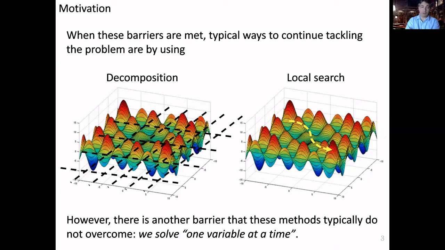And when I say one variable at a time, it's not necessarily one variable. More precisely, we solve a very limited number of variables at a time. The class of methods I would like to discuss, and show its application in hybridization with NISQ devices, makes an attempt to resolve this problem.